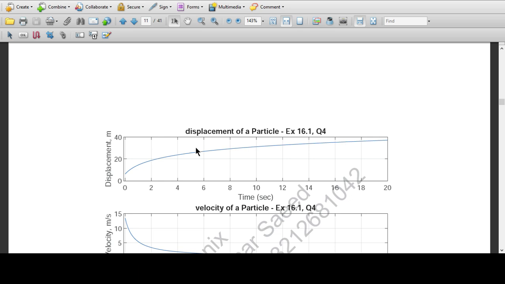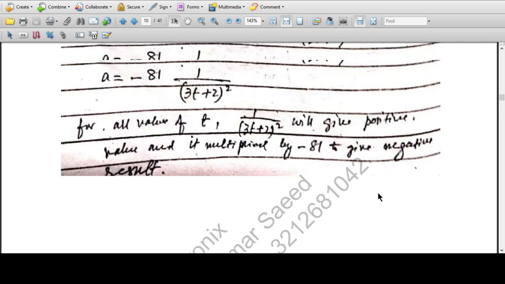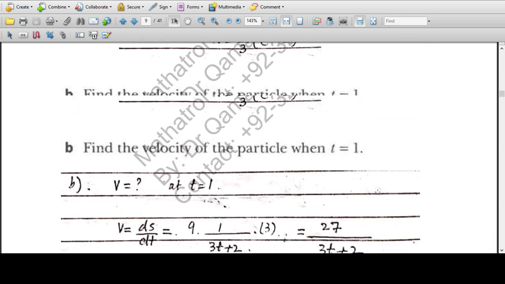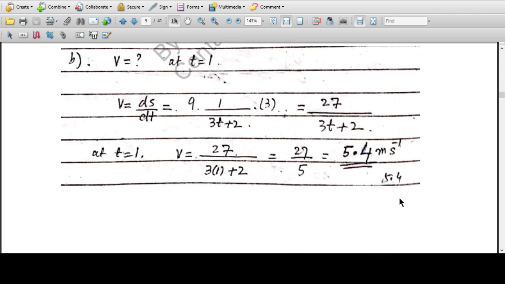At 36, which is close to 40, it will be somewhere near this side, at t equal to 1 over 3 times (e power 4 minus 2). This can be calculated.